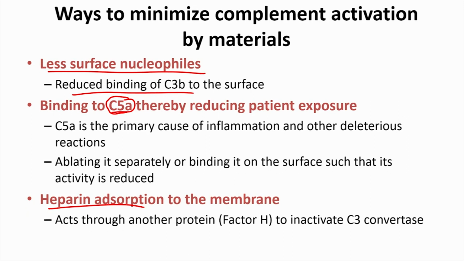What this does is it inactivates the C3 convertase. So even if the C3 comes and binds and starts the cascade, this heparin, along with another protein called factor H, which it will acquire from the serum itself, can then prevent this pathway from getting activated. So this cannot go forward. So these are three of the ways that you can do this.